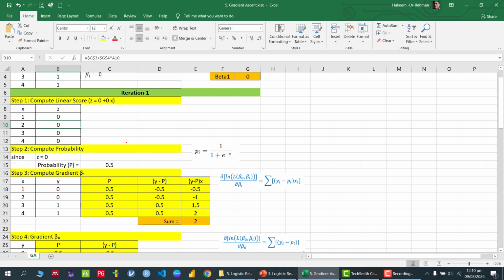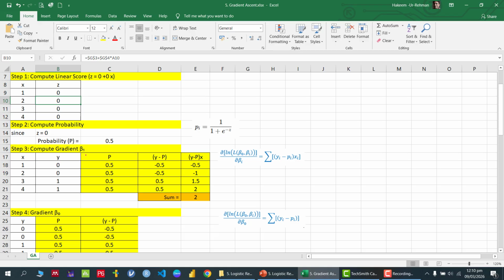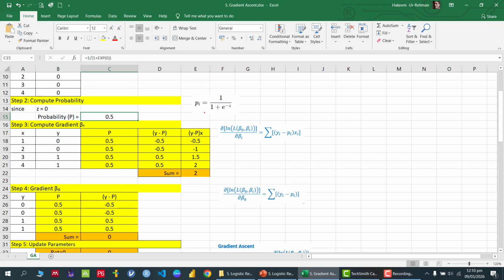We put this 0 into the function, and the probability is going to be 0.5, because 1 over 1 plus e power minus 0. If you solve it, you will get the probability equal to 0.5, as I have written down over here as well.